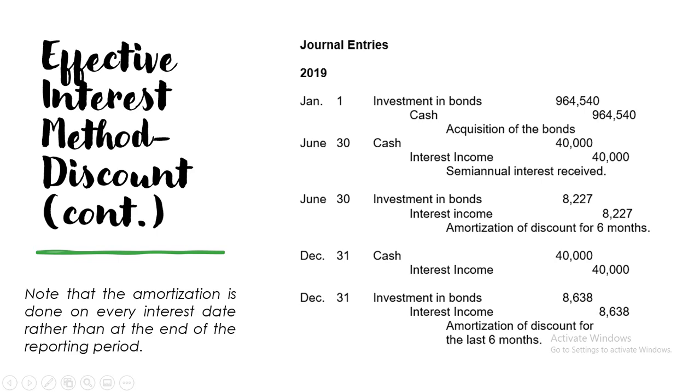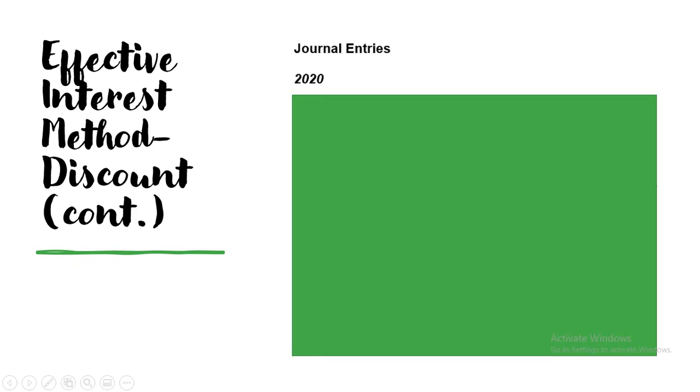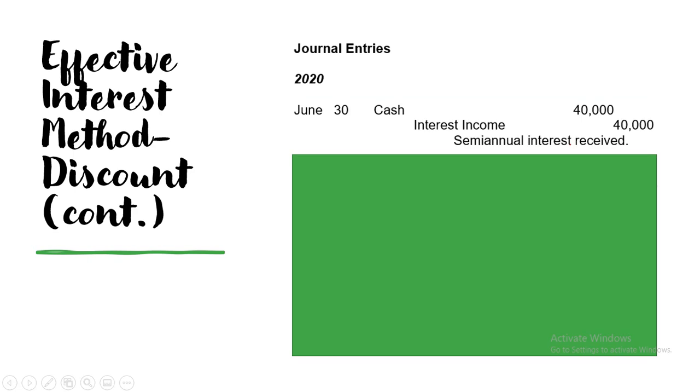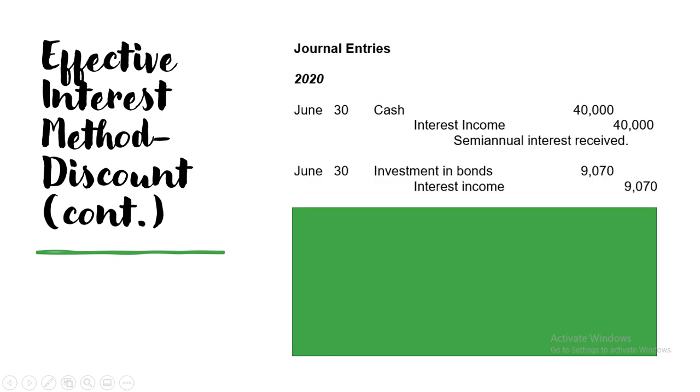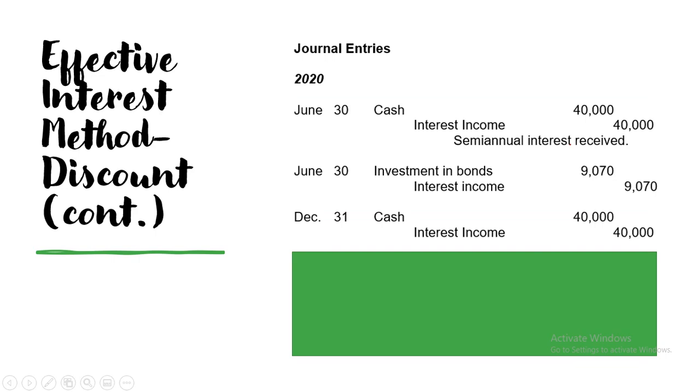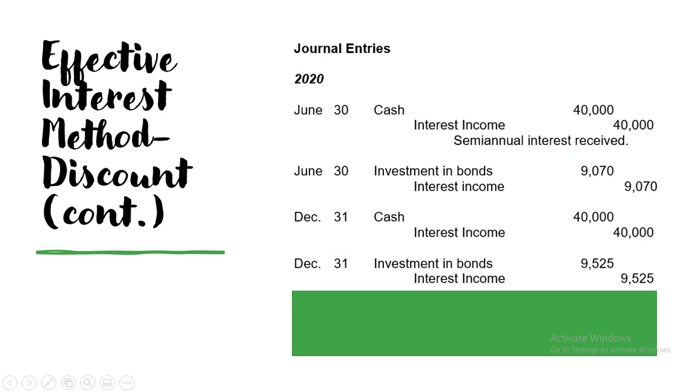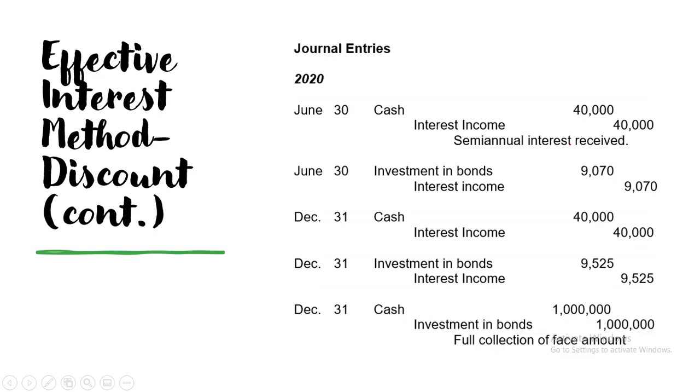Again, note that the amortization is done on every interest date rather than at the end of the reporting period. Now for 2020, semi-annual interest received, the discount amortization, and December 31 again for the semi-annual interest received and the discount amortization. And the last one is the full collection of the face amount. So these are the journal entries for effective interest method discount.